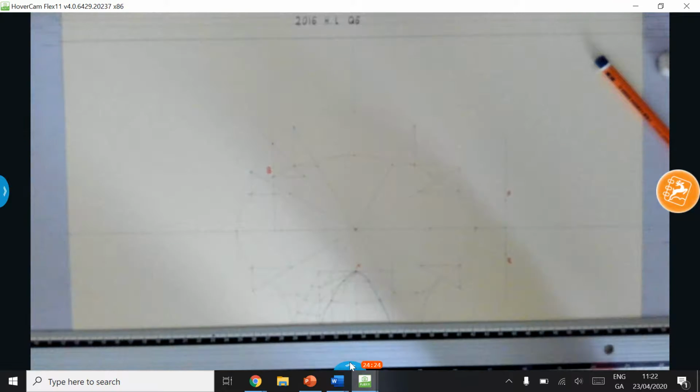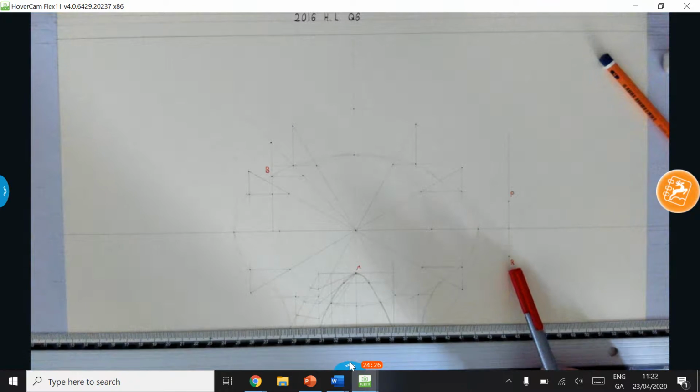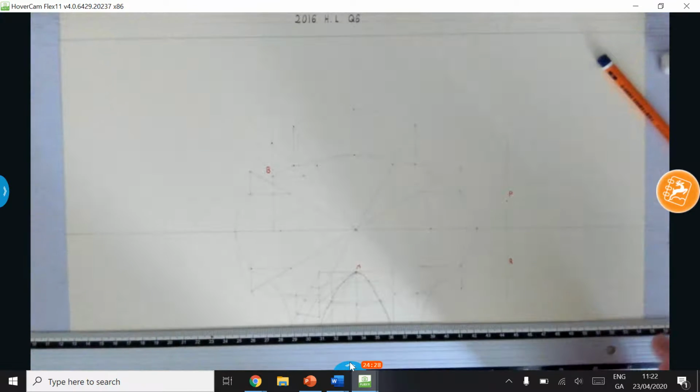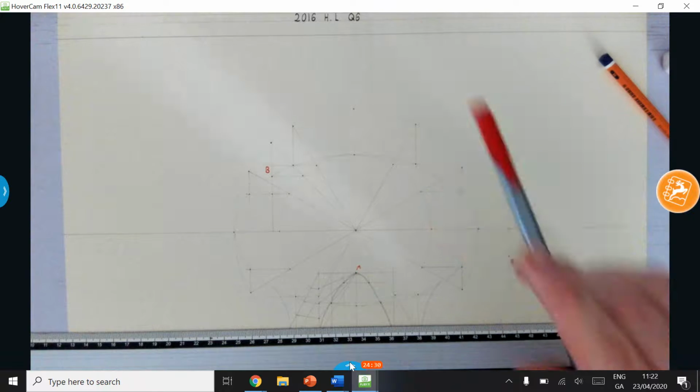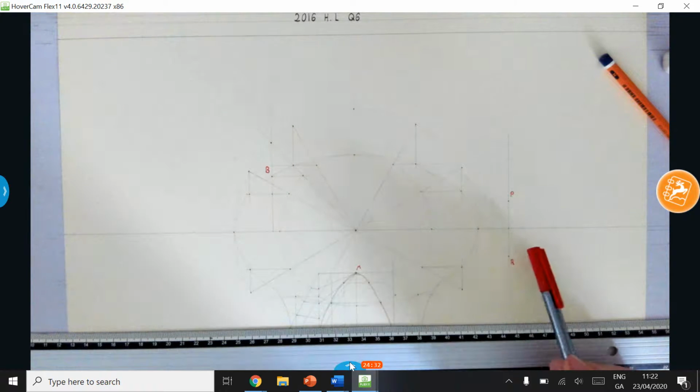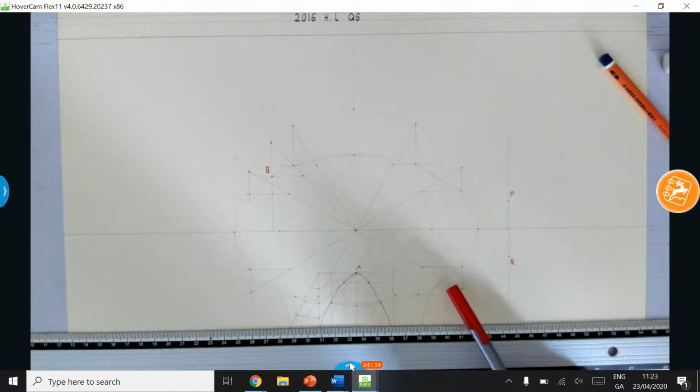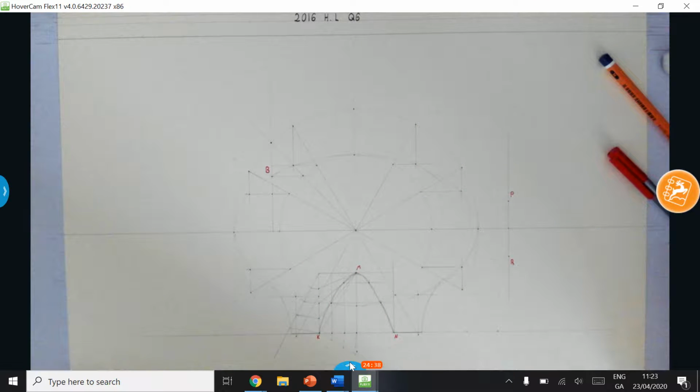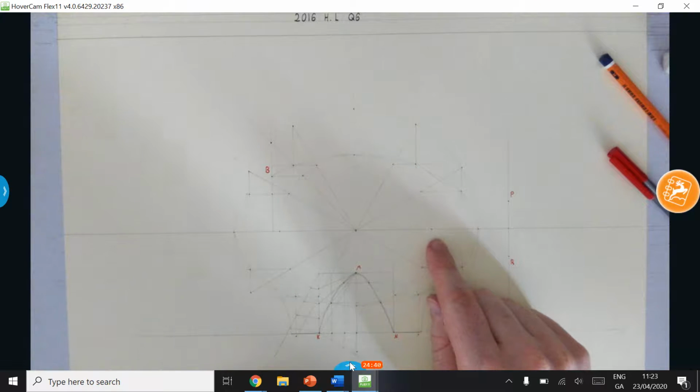So these are 2 points outside of our ellipse, and we need to find the line PQ, which is a tangent to the ellipse, and also RS, which are tangents to the ellipse. So to do that, we're going to need to find the focal points of this ellipse.